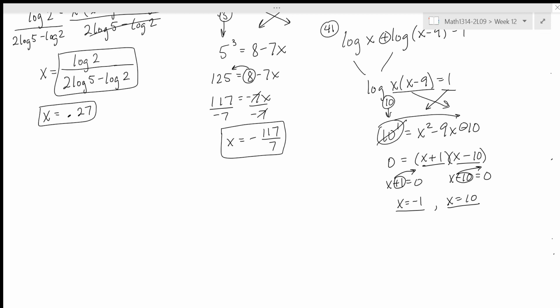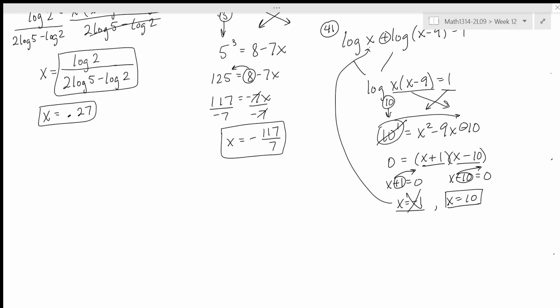Okay, so which answer is no good? Yeah, the -1 is trash. And the reason we know that is because if I take that -1 and plug it back into this x here, does that make log of a negative number?